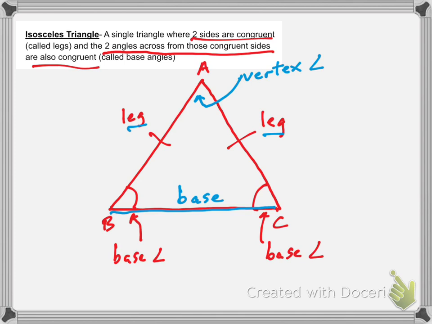All right, so let's summarize. AB is congruent to AC. And then angle B is congruent to angle C. So that is an isosceles triangle. That's all the basics.